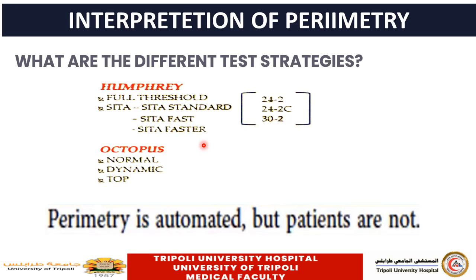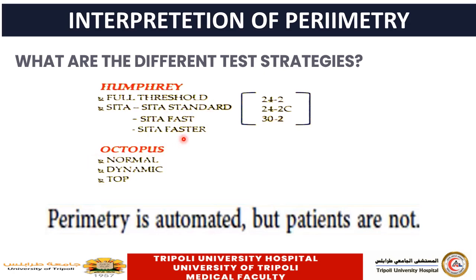so that you will be able to choose the strategy that suits your requirement. For example, when you are looking for a screening test, you might go for SITA faster, or you go for the TOP strategy. When you want to go for a thresholding strategy, if your patient is compliant with you and can withstand a long time, you can use the threshold strategy or the SITA standard that takes a long time.